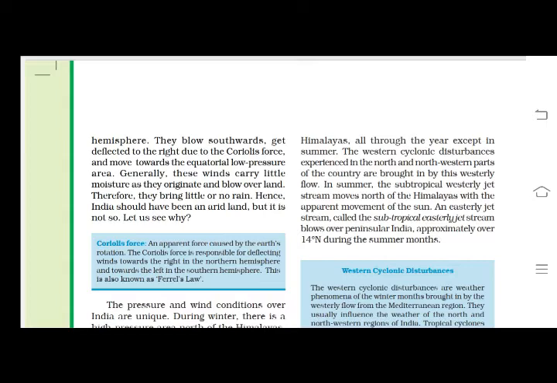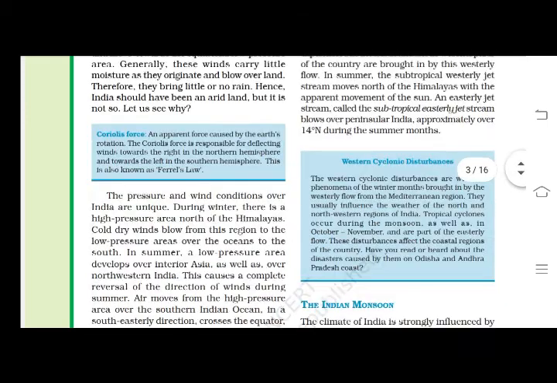An easterly jet stream, called the subtropical easterly jet stream, blows over peninsular India approximately over 14 degrees north during the summer months. Then we have the definition of western cyclonic disturbances. Western cyclonic disturbances are weather phenomena of the winter months, brought in by the westerly flow from the Mediterranean region.